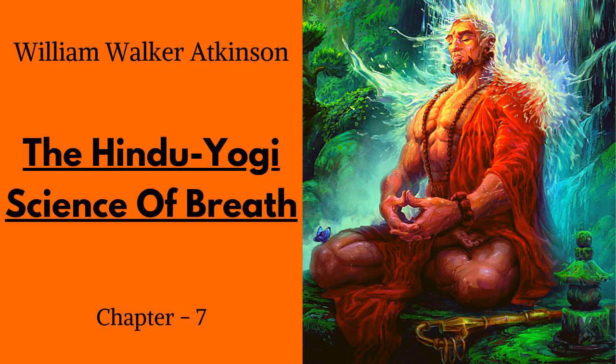Let us again consider the diaphragm. What is it? We have seen that it is the great partition muscle, which separates the chest and its contents from the abdomen and its contents. When at rest, it presents a concave surface to the abdomen.